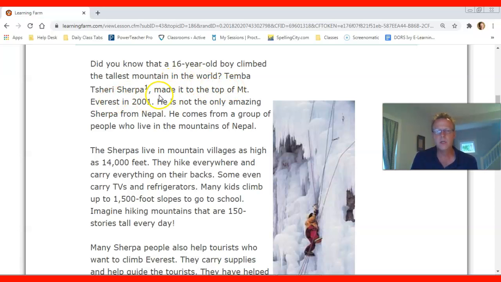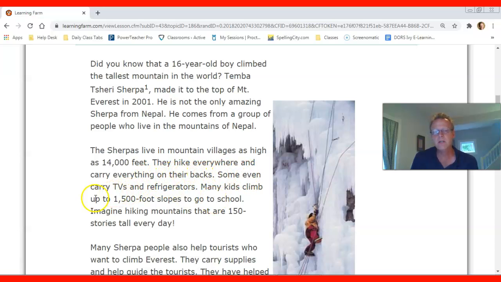Temba Tshiri Sherpa made it to the top of Mount Everest in 2001. He is not the only amazing Sherpa from Nepal. He comes from a group of people who live in the mountains of Nepal. The Sherpas live in mountain villages as high as 14,000 feet. Now, the author could have put, for example, they hike everywhere and carry everything on their backs.